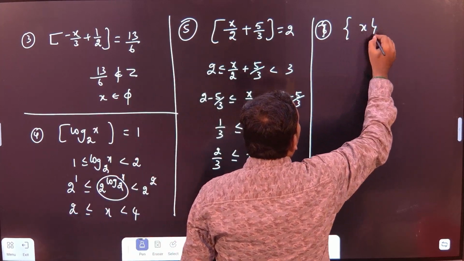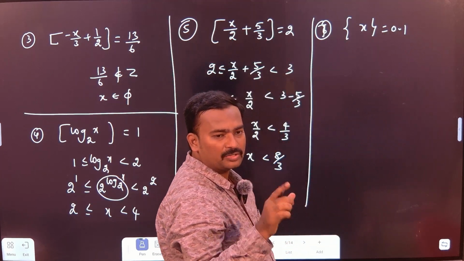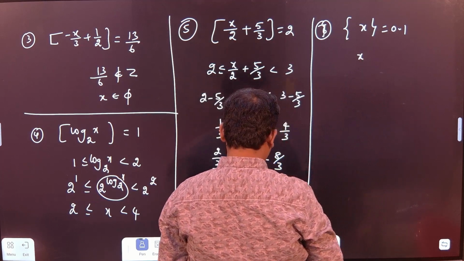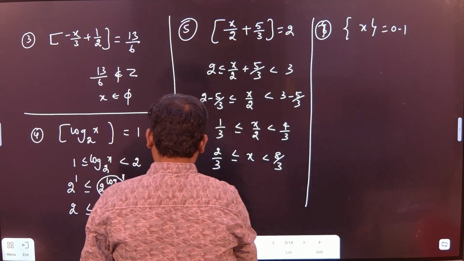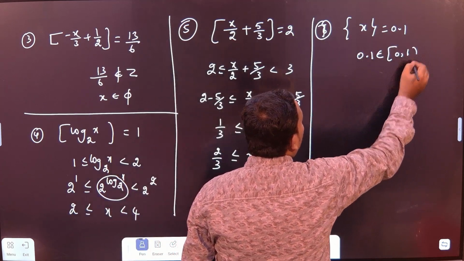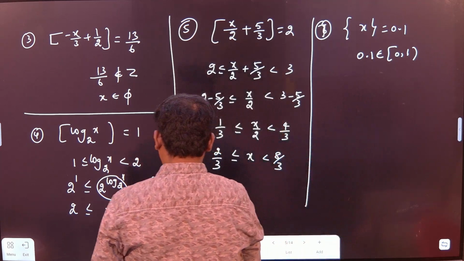The fractional part of x is equal to 0.1. So you know that 0.1 belongs to 0 to 1, right? Therefore, it is possible.